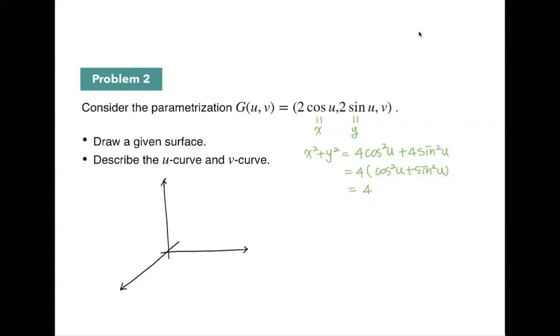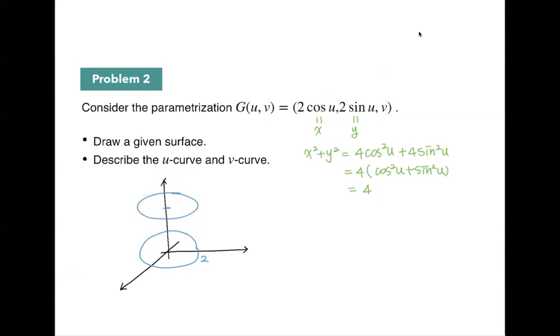If we think of the points here, it is a circle like that, because v does not affect x and y here. So if we fix v, then z is fixed. At that z, x and y just give circles. So if we fix z, there must be circles.